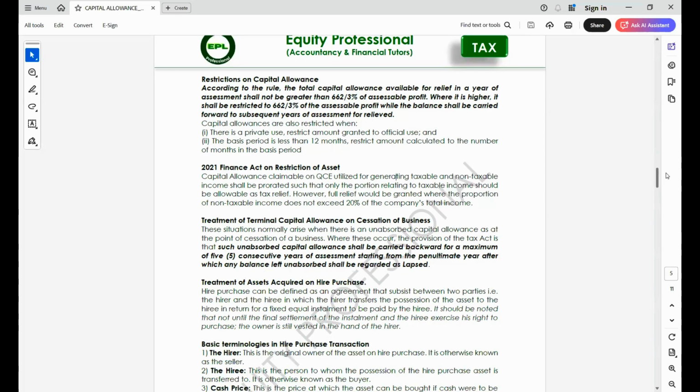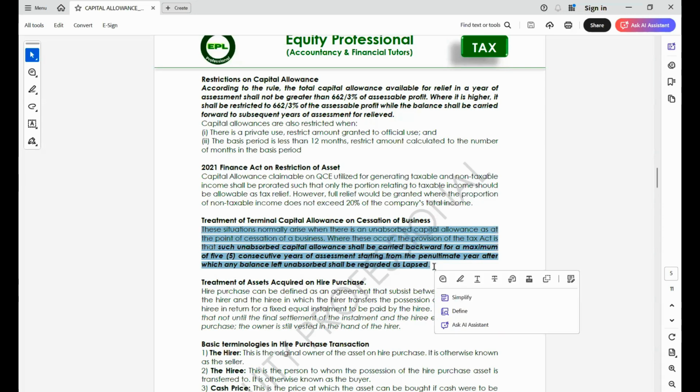Then we have the treatment of capital allowance on cessation. When a company ceases operation, what will happen to their capital allowance? Because when you are ceasing operation, you may still have unclaimed capital allowance. So it is expected that those unclaimed capital allowances should be carried backward and relieved from your assessable profit from before the year of cessation for a maximum period of 5 years backward.